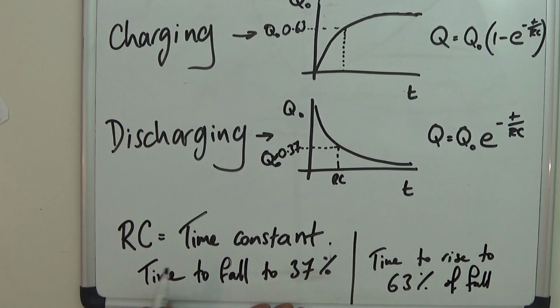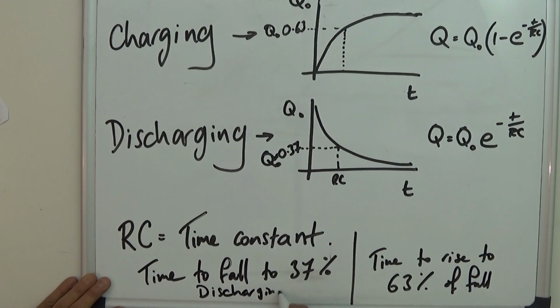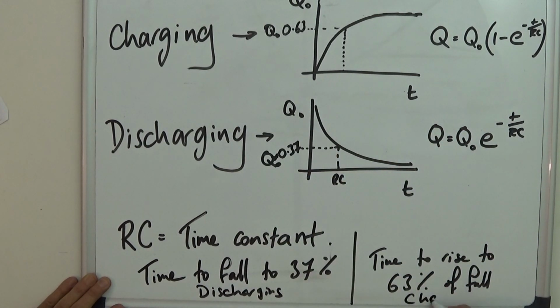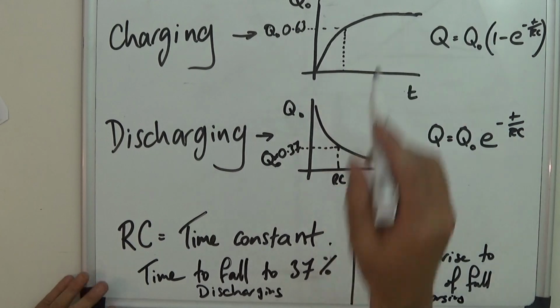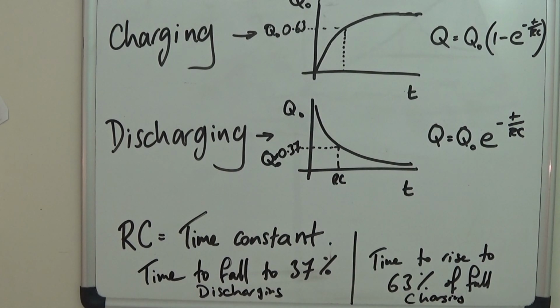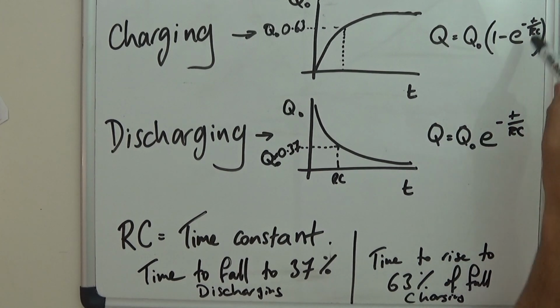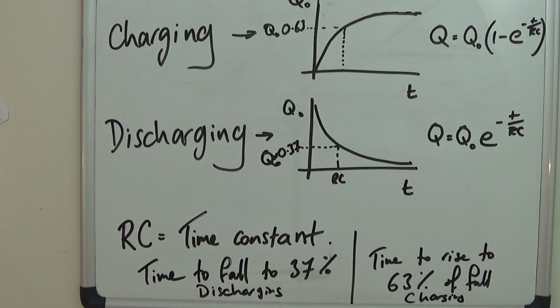This is of course if you're discharging, this situation here, and this is if you're charging, this situation right here. I will make another separate video of how you get to that, because it's only about a 2-minute job. But those are the two equations that you're going to need, and this is basically the maths of charging and discharging. That's really all we need for this bit.